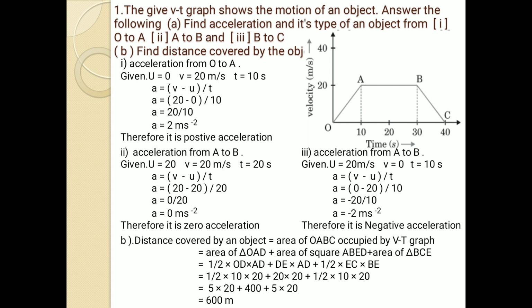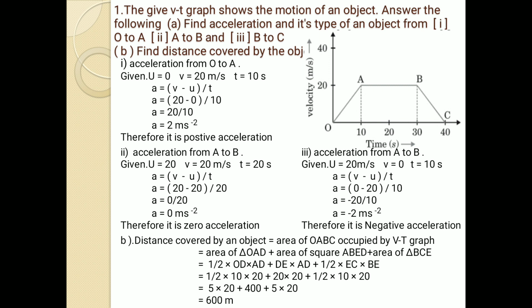You can see that the velocity axis is 20, and from 10 to 30 that is also 20. So all the sides are equal, so it is a square. Area of ABED plus area of triangle BCE. At last BCE, I didn't mention E here. This is how we can measure the area.